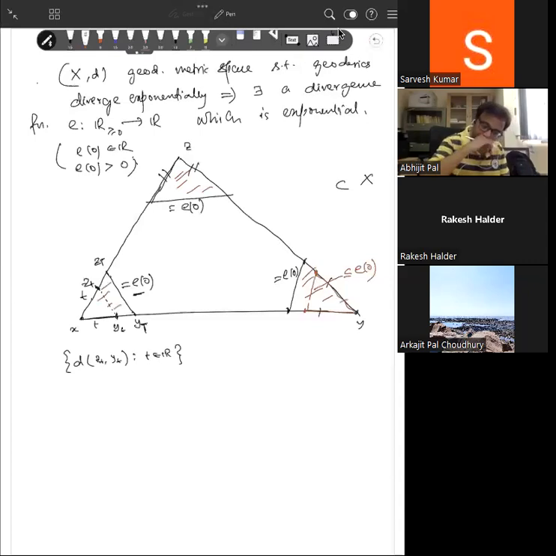Now what I want to show: let us call this length L1, this L2, and this portion L3. The claim is that L1, L2, L3 are bounded.